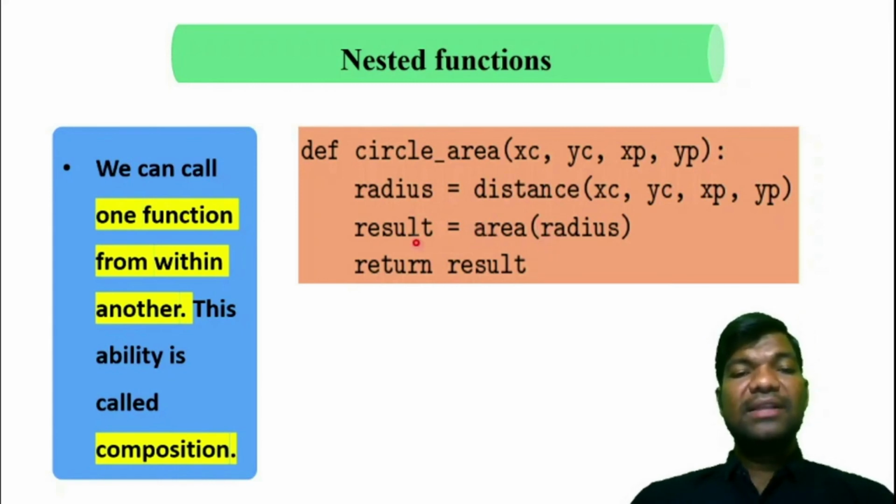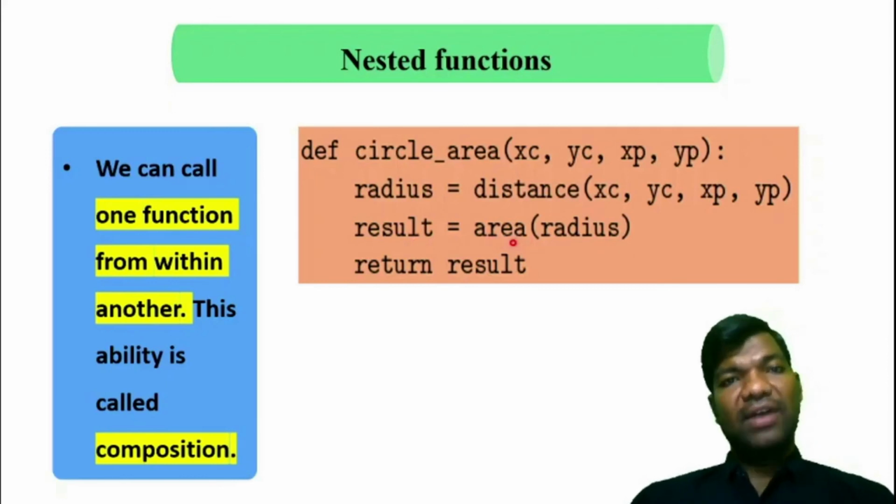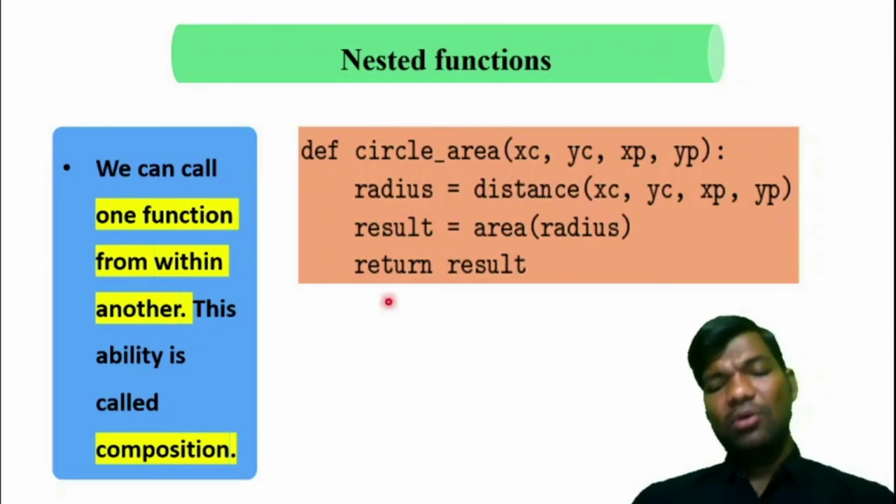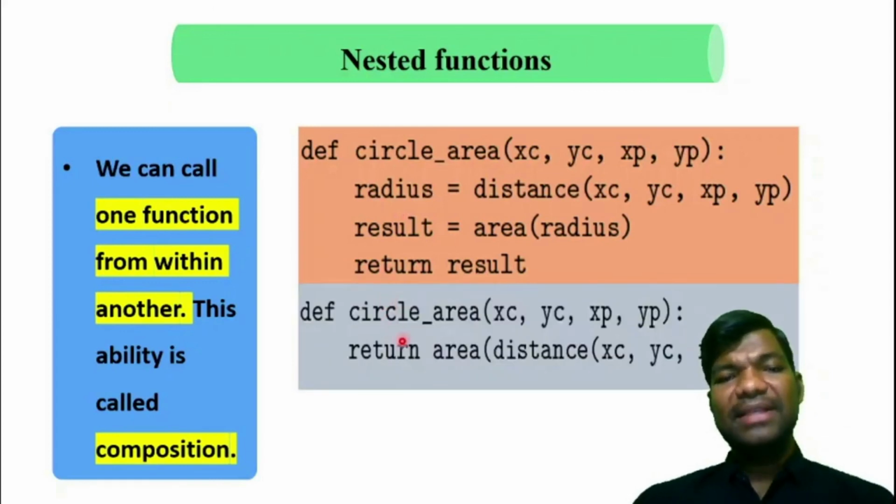So here result is a variable, area is another function, radius is the argument which is already calculated in previous statement, right? So after calculating the area, the result is returned.